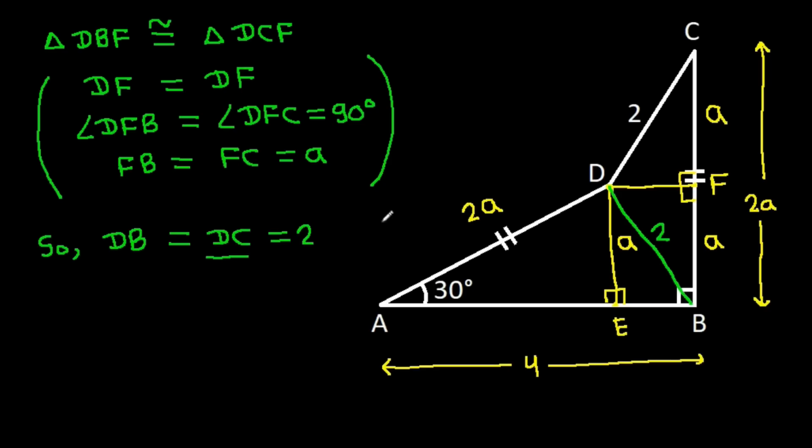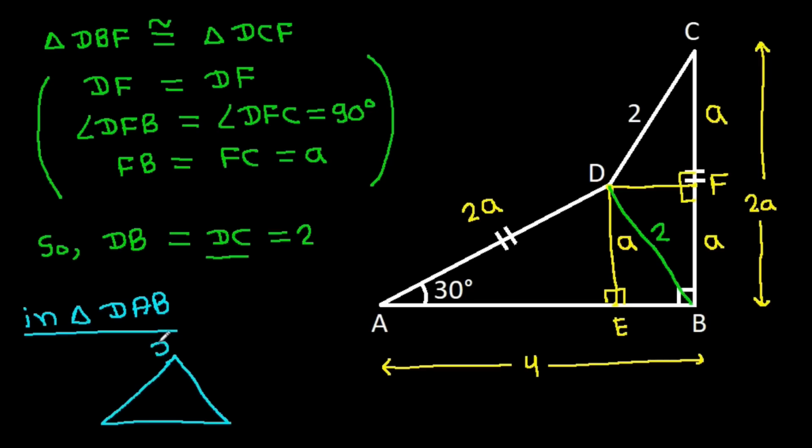And now in triangle DAB, DA is 2a, DB is 2, AB is 4, and this angle is 30 degrees.